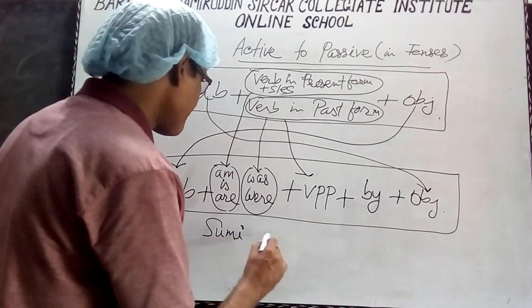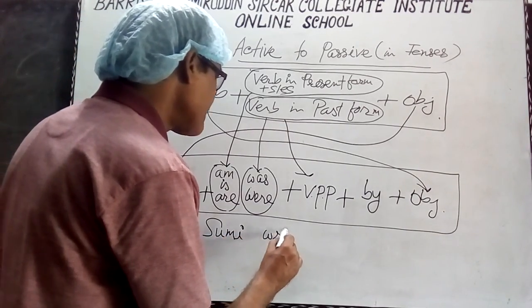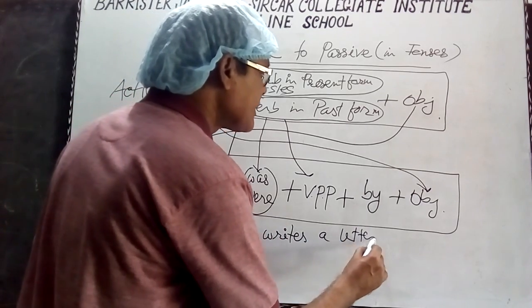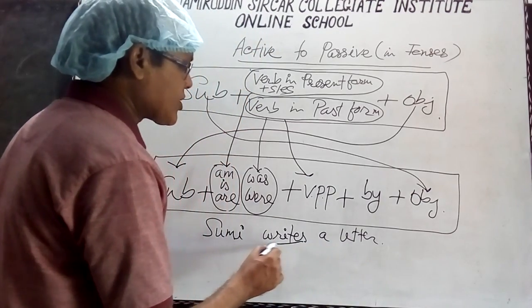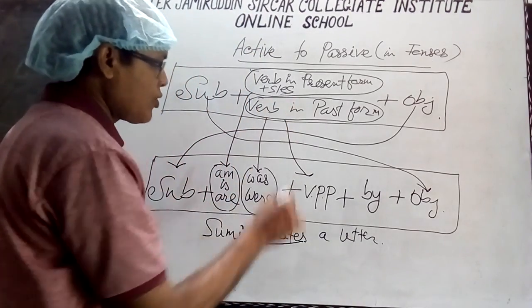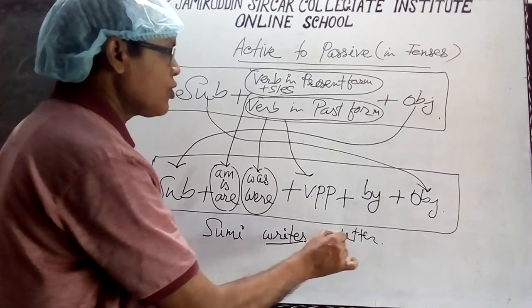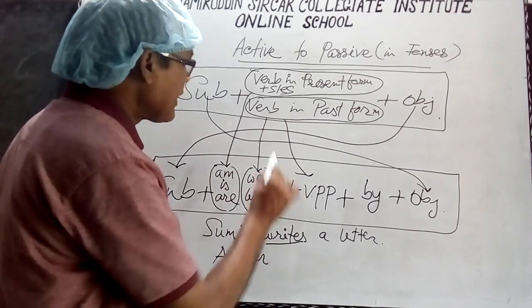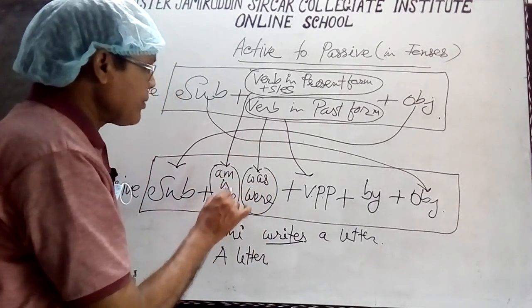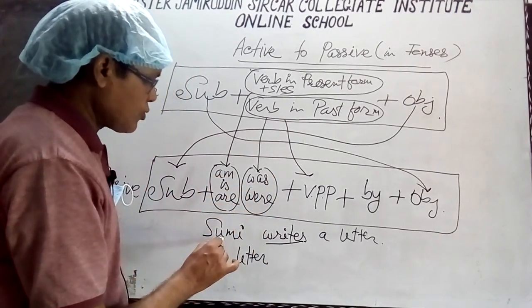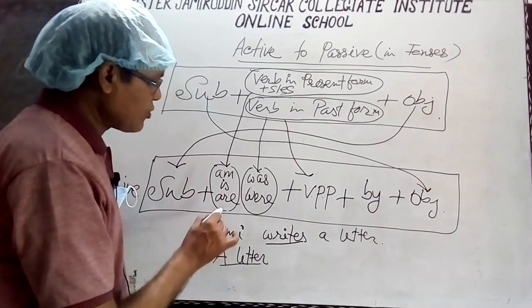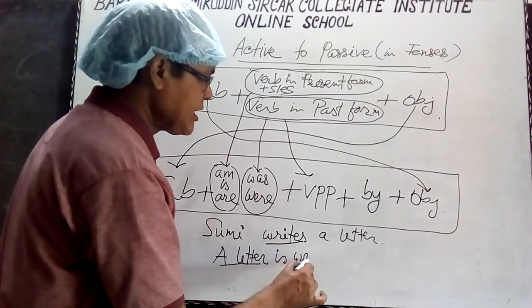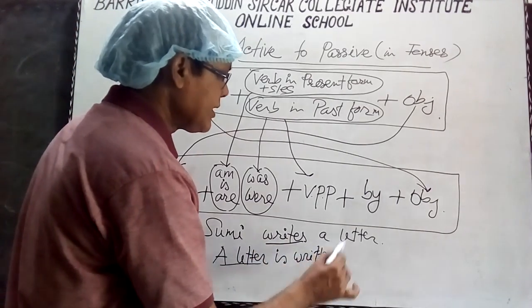Shumi writes a letter. Here writes, with s, so it is in the present indefinite tense. So a letter, and as auxiliary verb we must use am, is, are. So a letter, third person singular number, so we must use is. And write will be written. Write will be written.